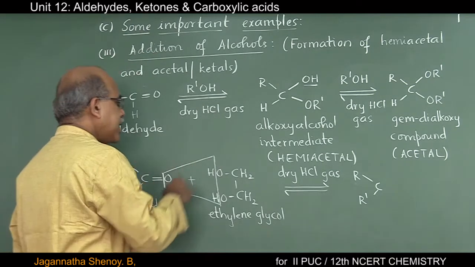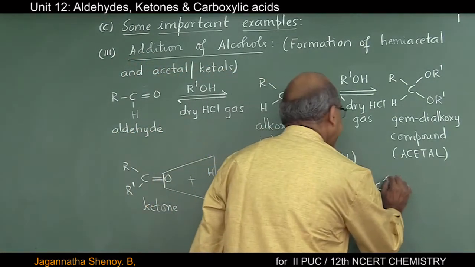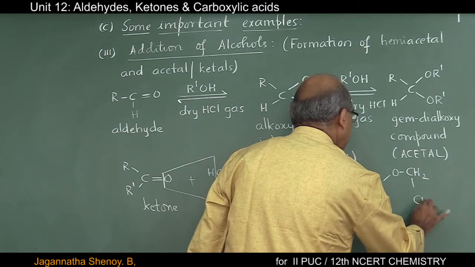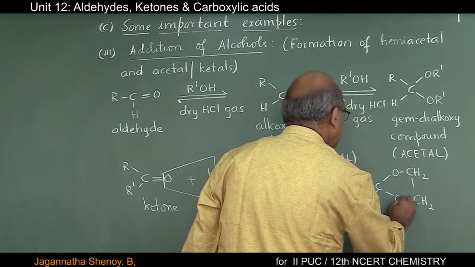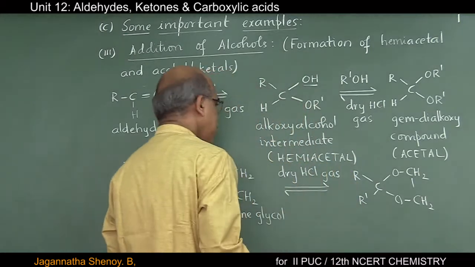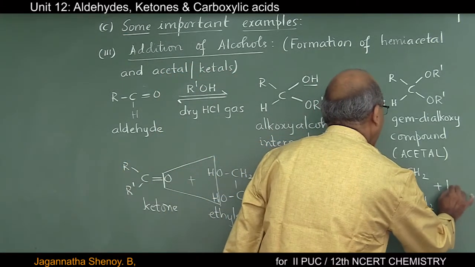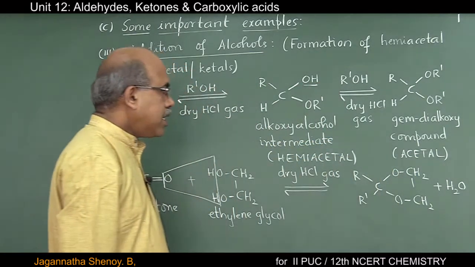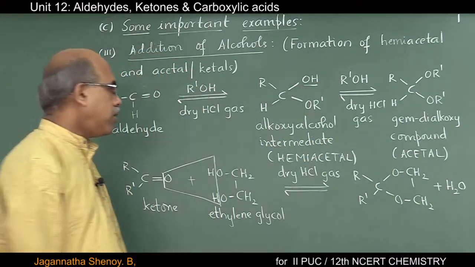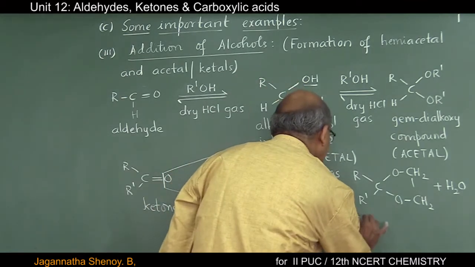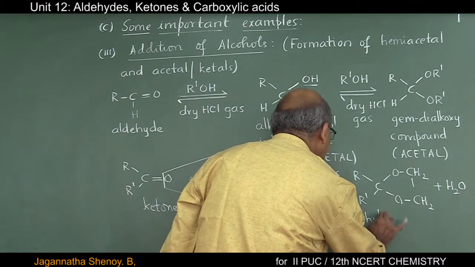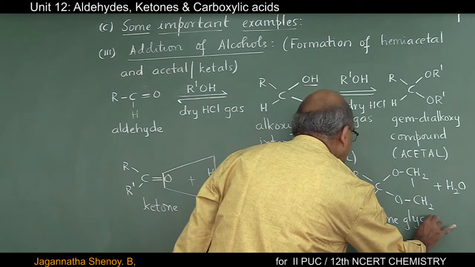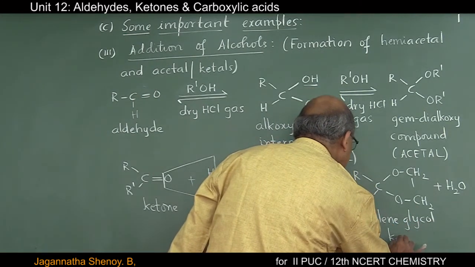Now one bond gets connected to O on this side, so we have OCH2, and here we have CH2. Here oxygen, plus a molecule of water is formed, and this compound is called ethylene glycol ketal.